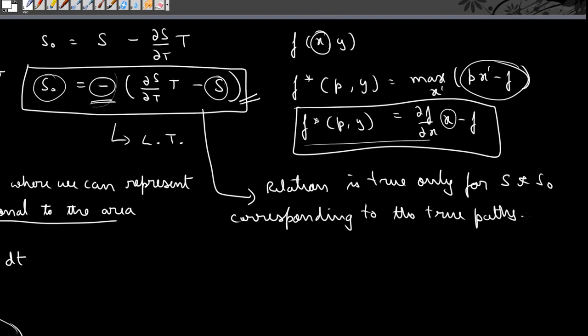Okay, so this relation is true or valid only for S naught and S corresponding to the true paths.